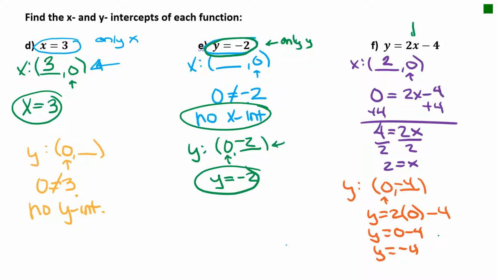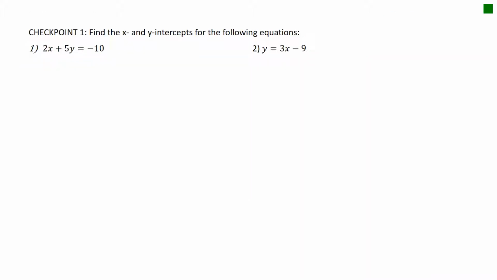This equation has x, has y. There's an x-intercept and a y-intercept. So you're going to only get an intercept if that variable shows up in the equation. Mind-blowing.